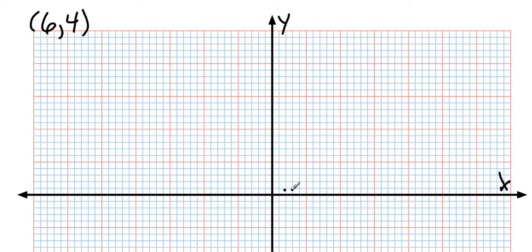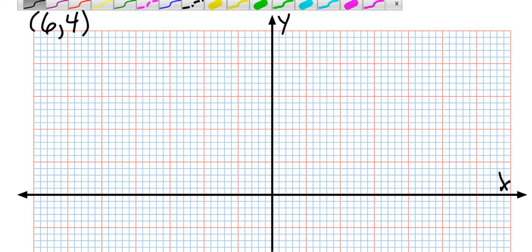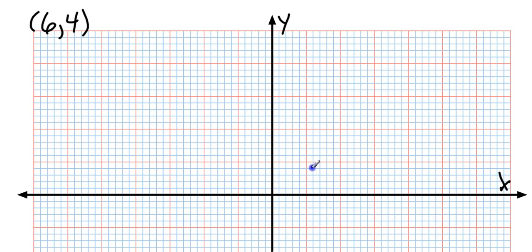I got too close to the board. And then I'm going to go up 4 spaces. And that's my coordinate 6, 4. 6 spaces to the right, 4 spaces up.